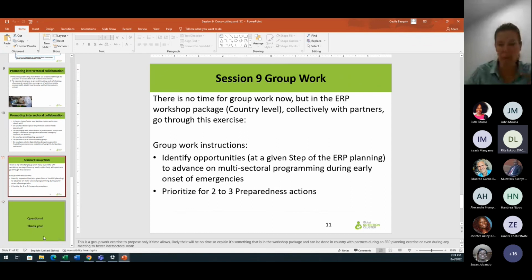But when you do that with your partners, maybe take the time, if you think it's relevant, to split your audience, your partners, in small groups and have them reflect on those key opportunities at each given step of the ERP approach to advance on multisectoral programming, including for this to happen from the initial early phase of the response, and maybe come up with 2 to 3 prioritized preparedness actions that will help moving in that direction. Okay.